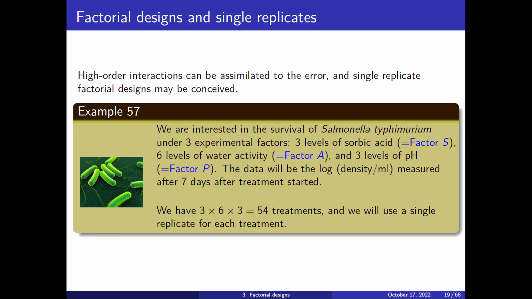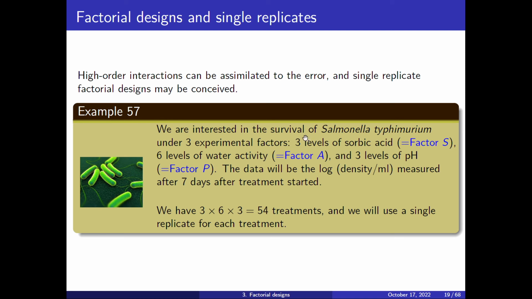Now we have learned an interesting idea. We can sacrifice estimating the higher order effects and give these degrees of freedom to the residuals, and this idea can be exploited to make experiments with just a single replicate. So for instance, let's say that we are interested in the survival of these bacteria under 3 different experimental factors.